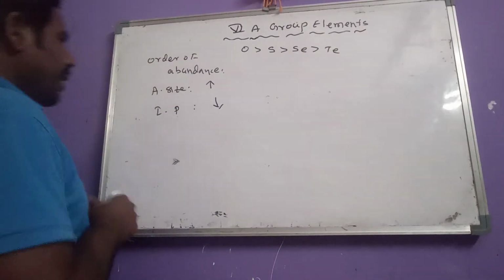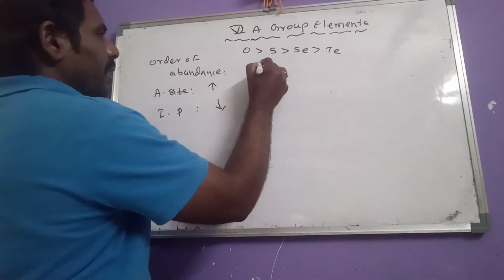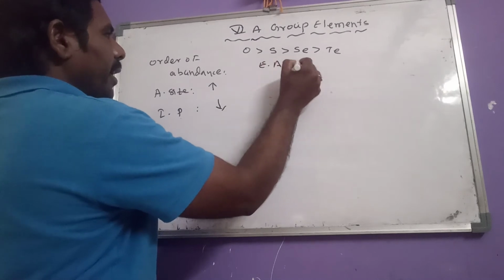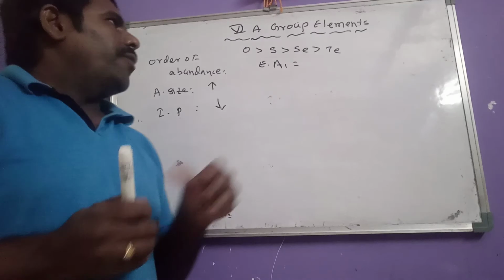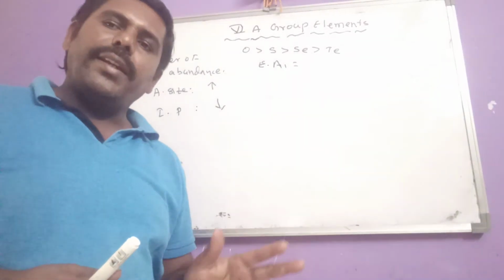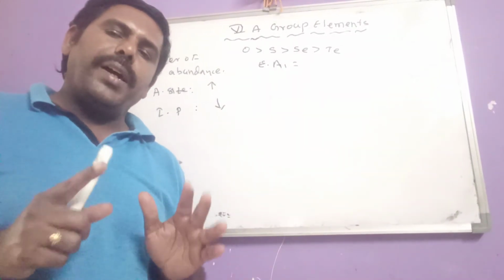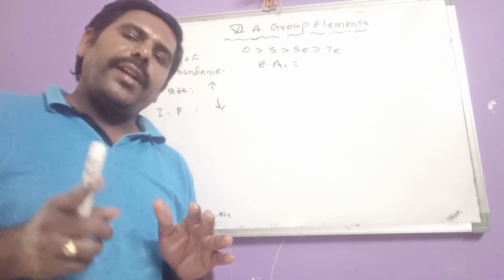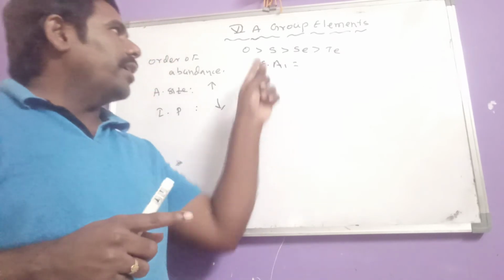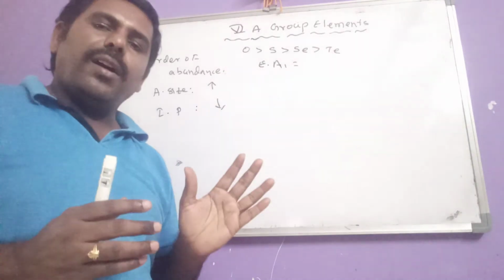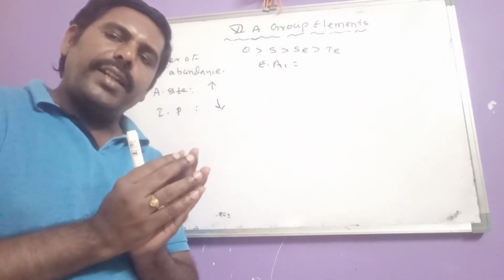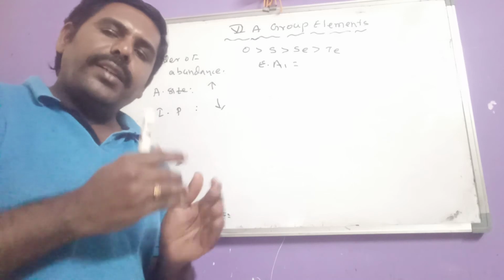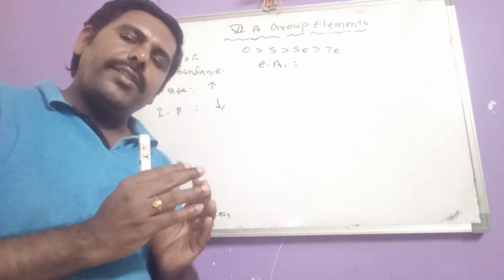Okay, then let us go for electron gain enthalpy, EA1, first electron affinity. Generally electron affinity decreases from top to bottom, but the second element's electron affinity is greater than that of the first element, because due to the small size of oxygen, high electronic repulsion is present.